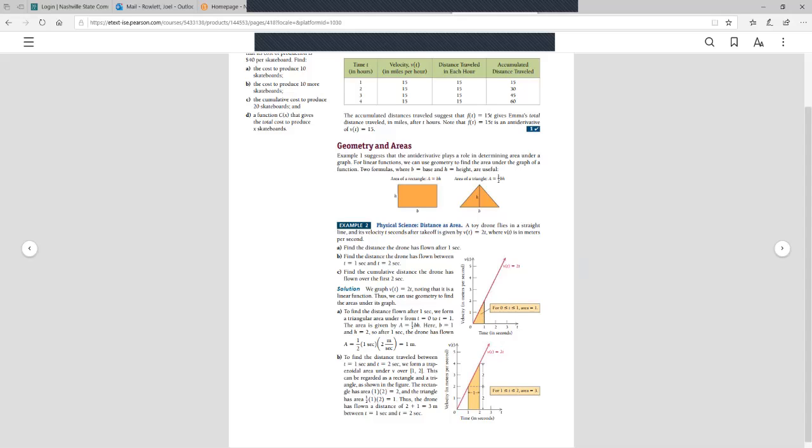So let's look at part A before we get into the next picture here. It says to find the distance the drone has flown after 1 second. Well, remember that to find the distance flown after 1 second, we just find the area underneath the curve, underneath the velocity, along time from 0 to 1. And we found that to be 1.